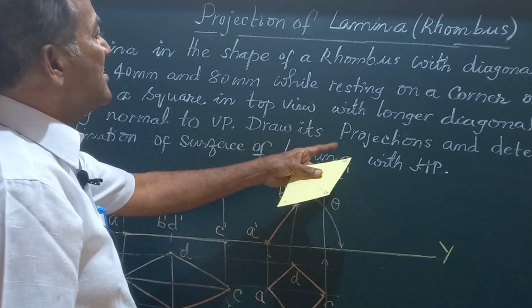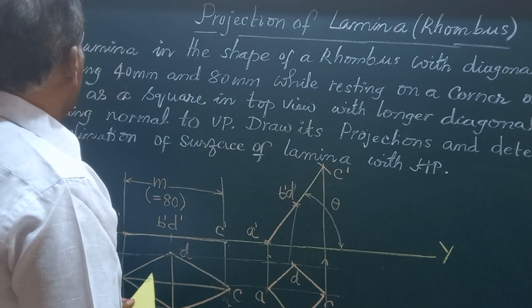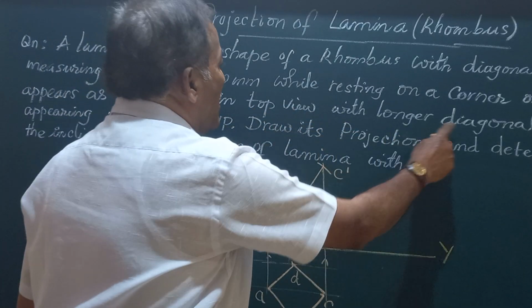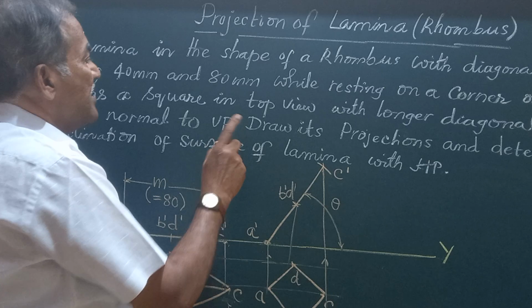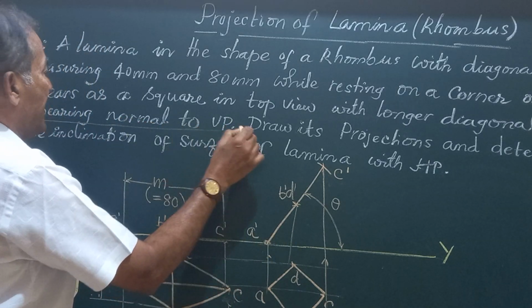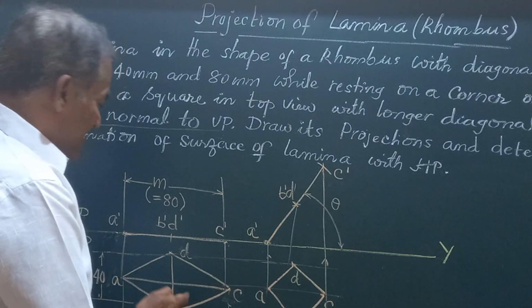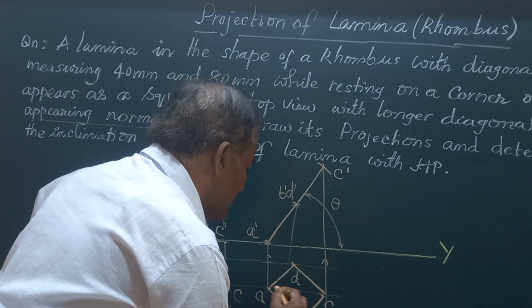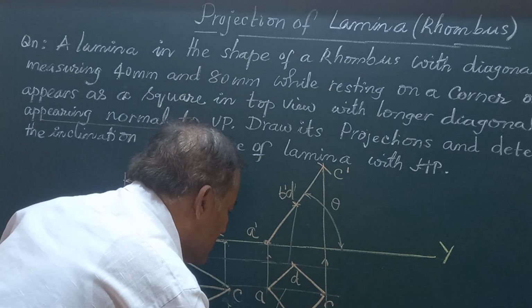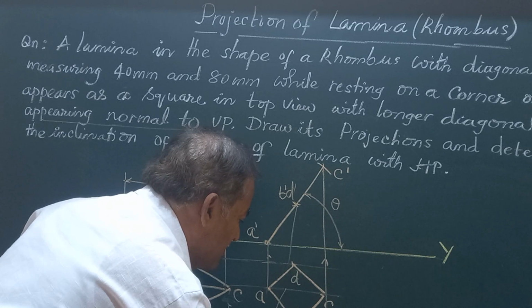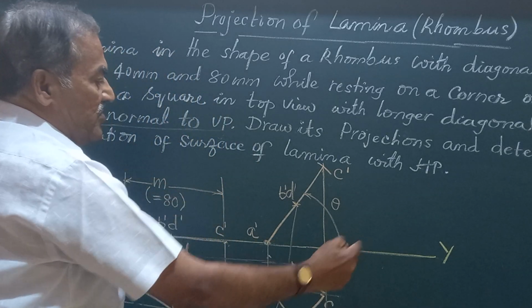And in the third stage it tells us to draw the lamina as a square in the top view with the longer diagonal appearing normal to VP. The longer diagonal is AC. That AC, whatever you have got here, is parallel to VP, because it is parallel to XY.